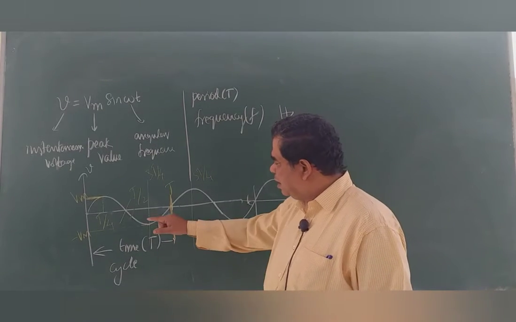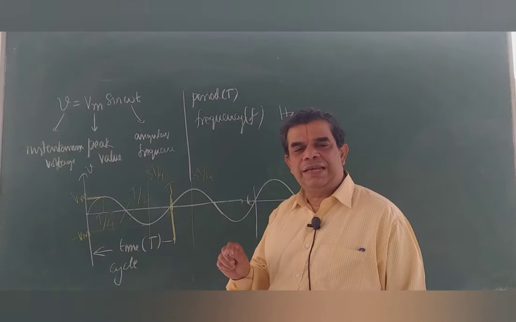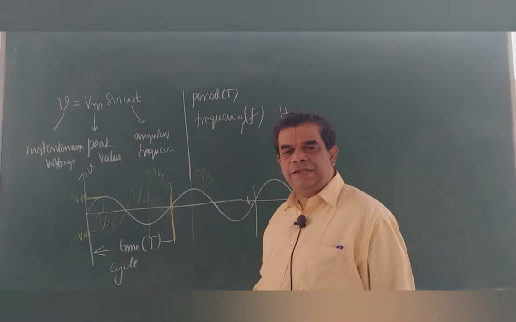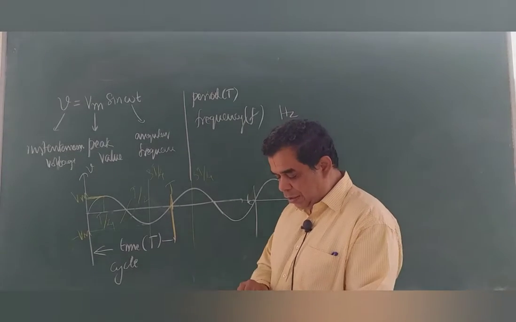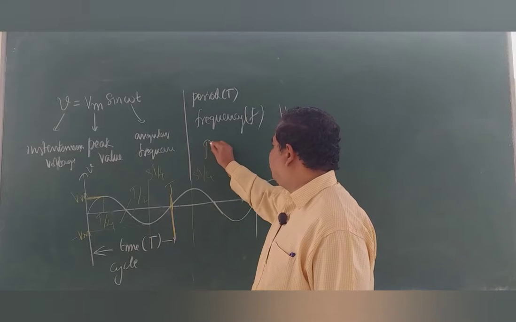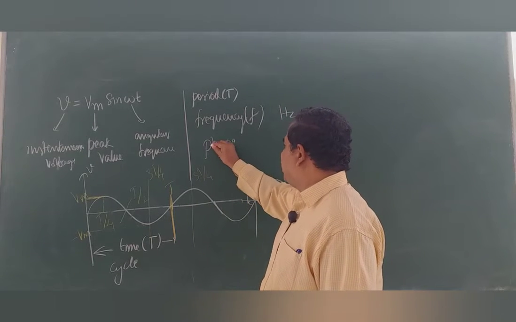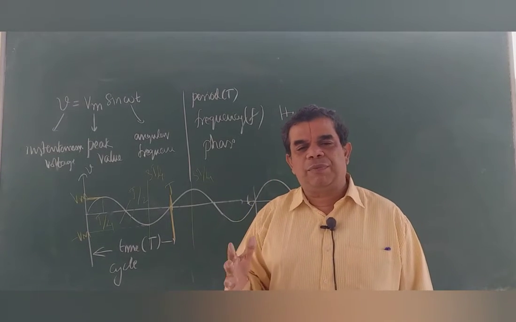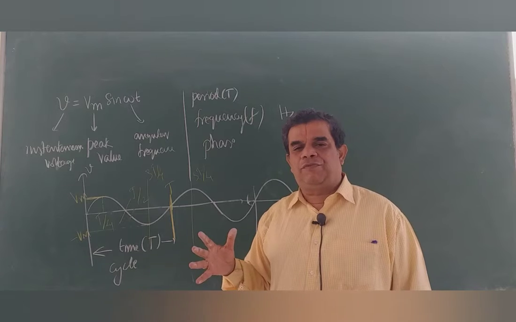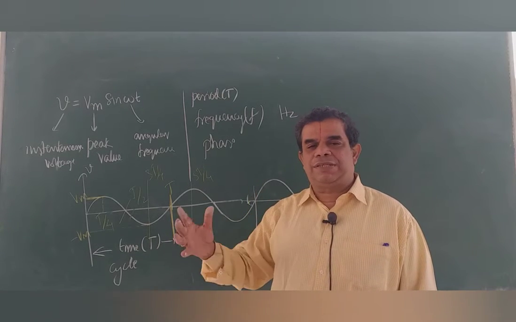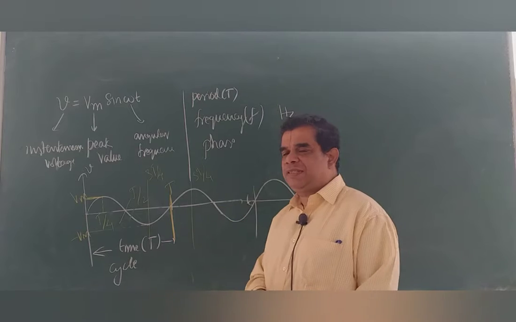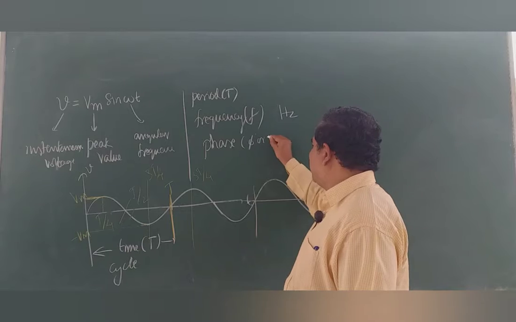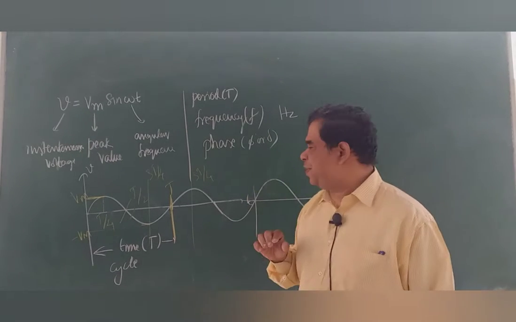That means at any particular instant we can say the time elapsed from the beginning in terms of fraction of period, that is in terms of period. That quantity, we call as phase. Phase of AC is the fraction of time period that elapsed from the beginning till the point of observation. How much time it has completed, that's what we call as phase, and usually phase is denoted by phi or delta here, just like in wave optics.